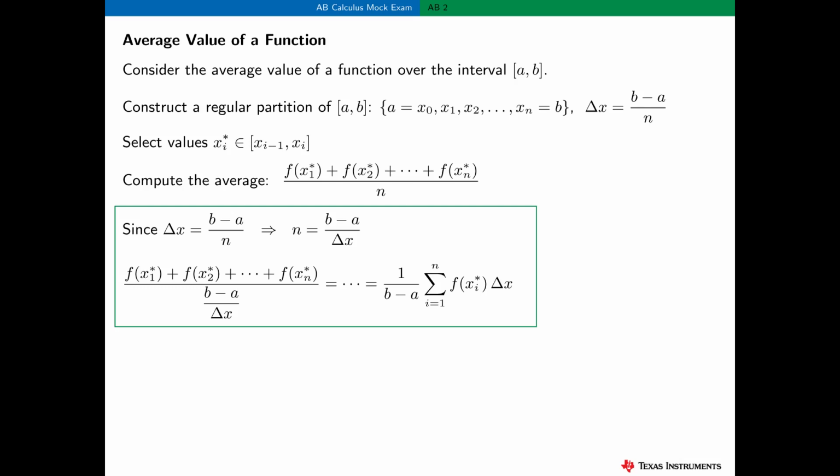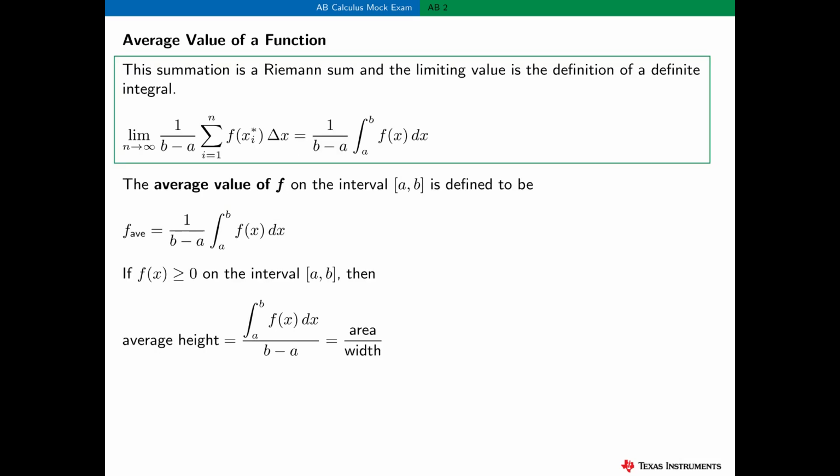And it seems reasonable that if we want a better and better approximation to the average value of a function, we should let n get bigger and bigger, or increase without bound. This summation that we arrived at is a Riemann sum, and the limiting value is the definition of a definite integral. So the limit as n goes to infinity of this sum is this definite integral.